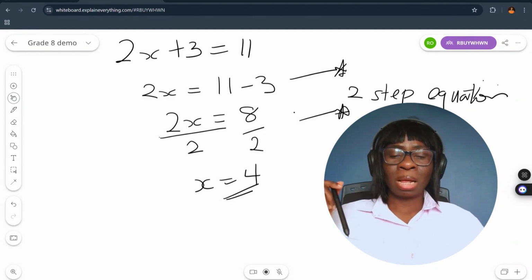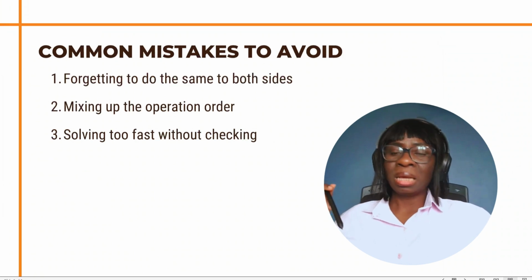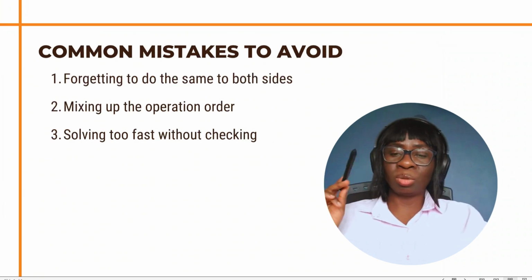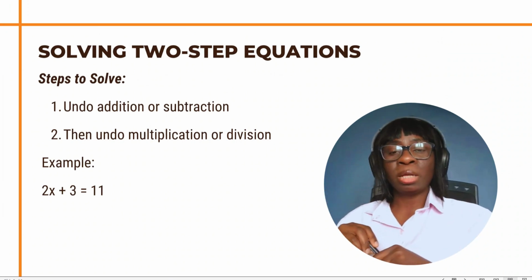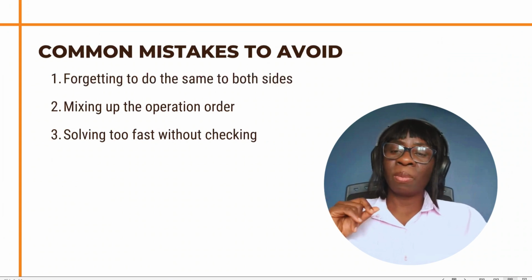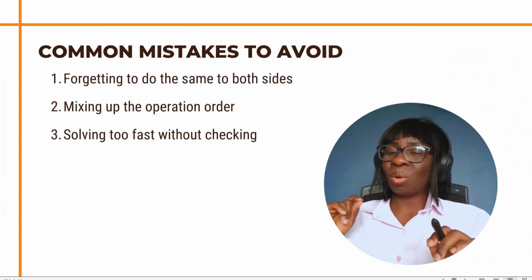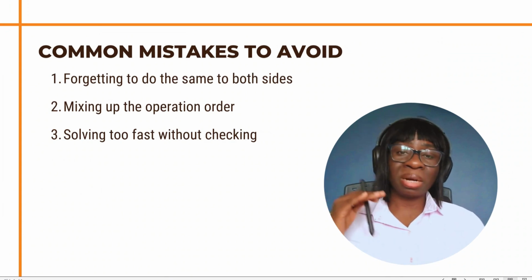So now that we can solve a two-step equation, let's talk about the common mistakes to avoid while solving either a one-step equation or a two-step equation. The first mistake you have to be aware of is that whatever you do to the left hand side must be done to the right hand side.